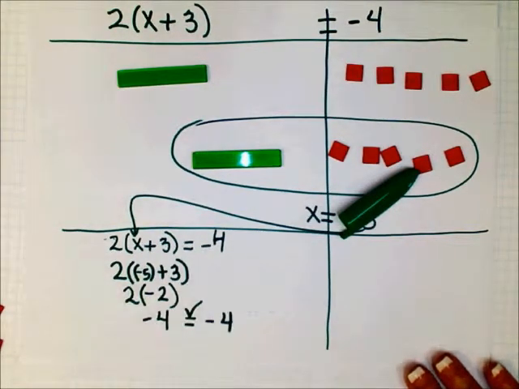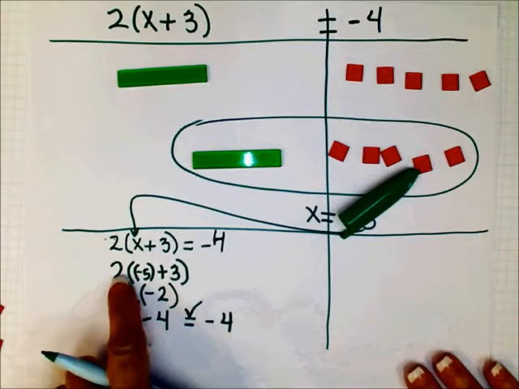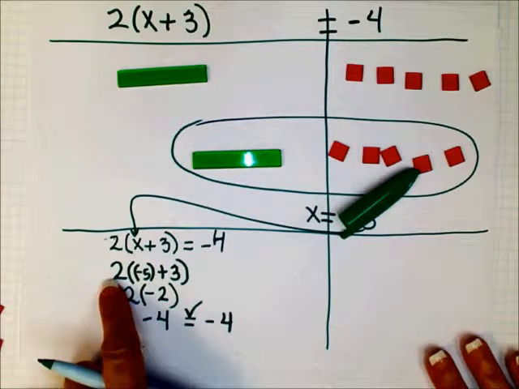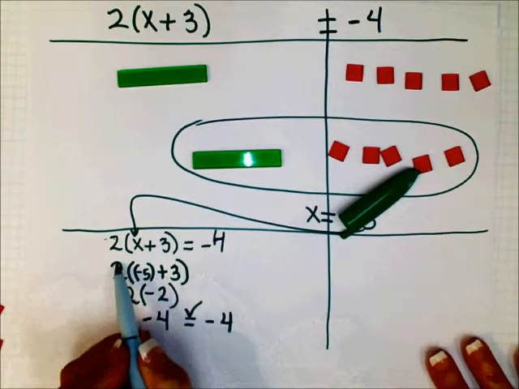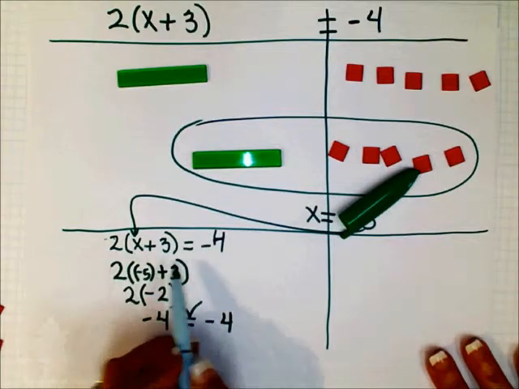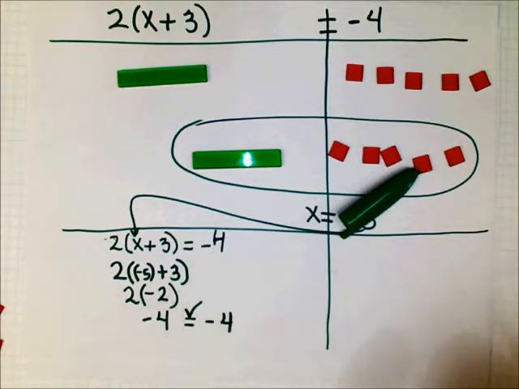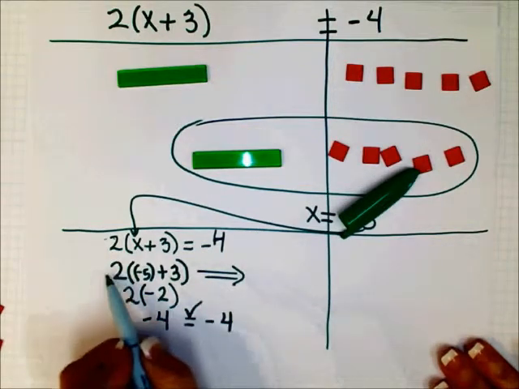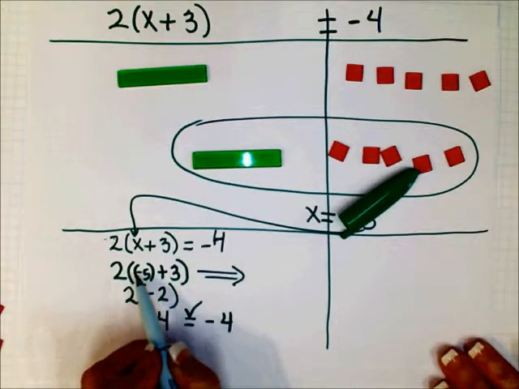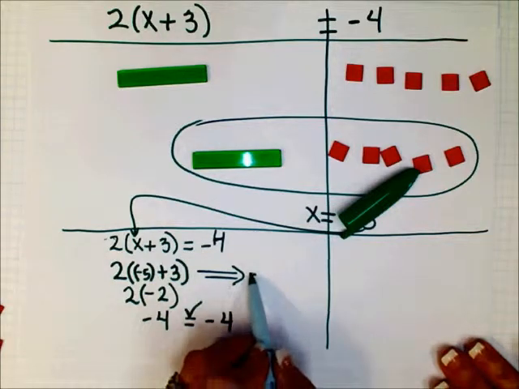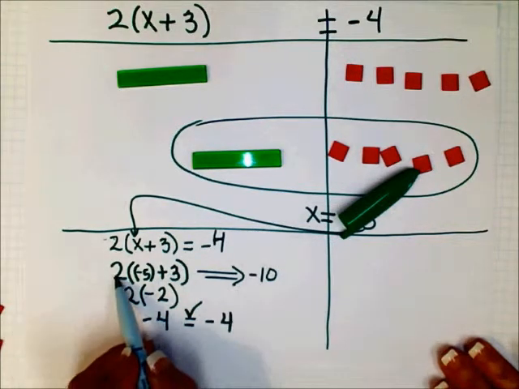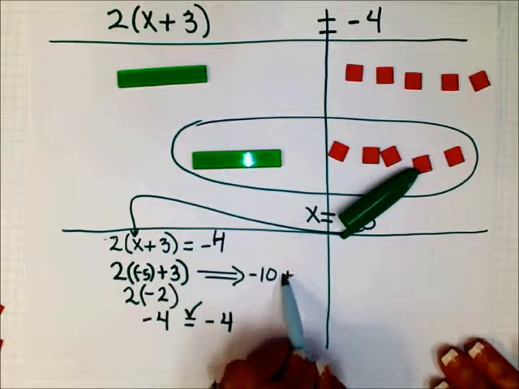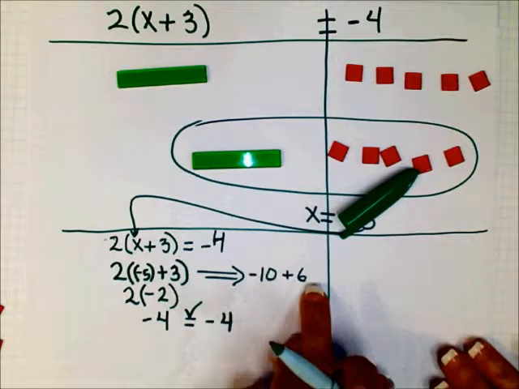Now remember too that I could have used the distributive property here and said, well, 2 distributed to each of these, and I could have gotten 2 times negative 5, which would be negative 10, and 2 times 3, which is 6, and a negative 10 and a positive 6.